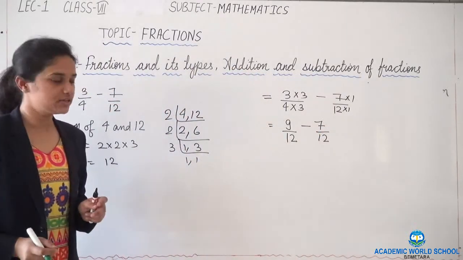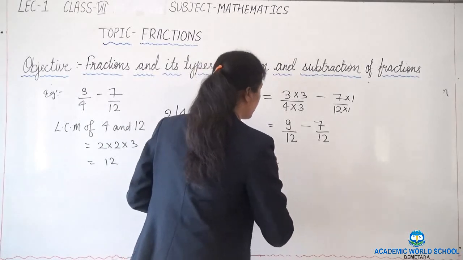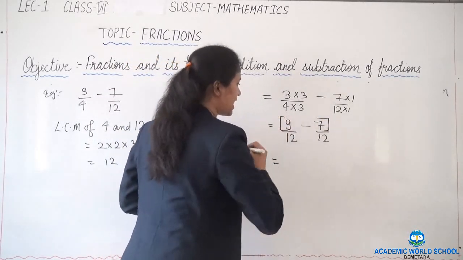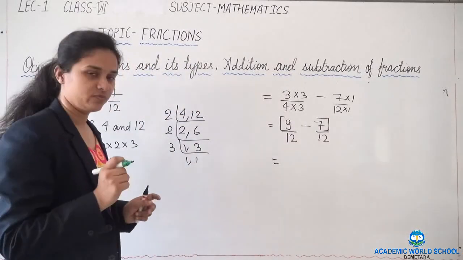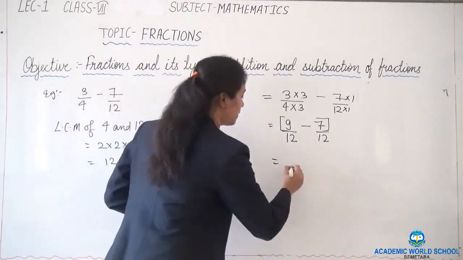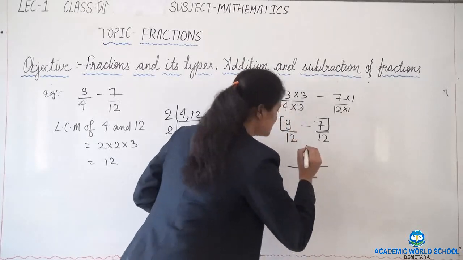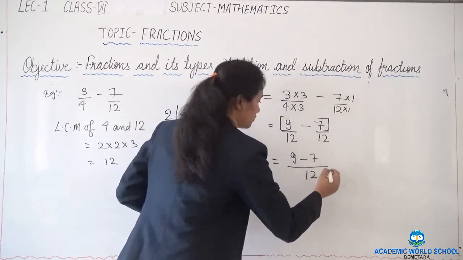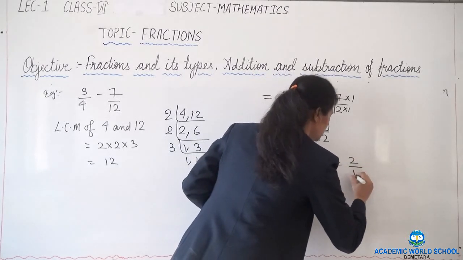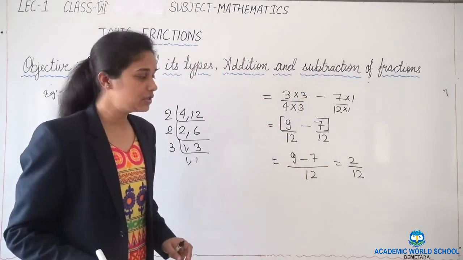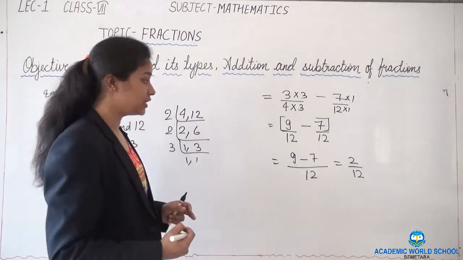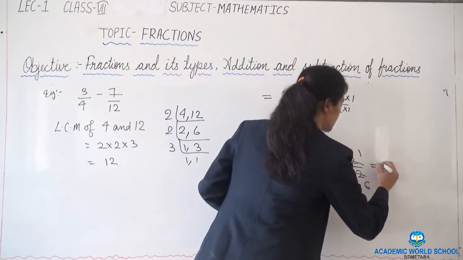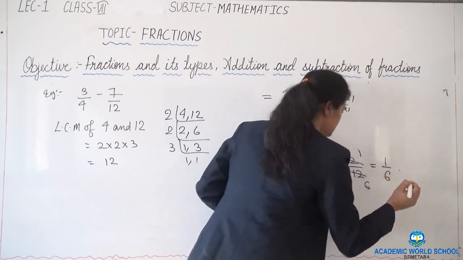Now, subtraction means we will only and only subtract the numerators. We never subtract the denominators. So 12 is written as 12. 9 minus 7, what did we get? 2 upon 12. Now 2 upon 12 can also be reduced to its simplest form. 2, 1, 2, 6. So 1 upon 6.